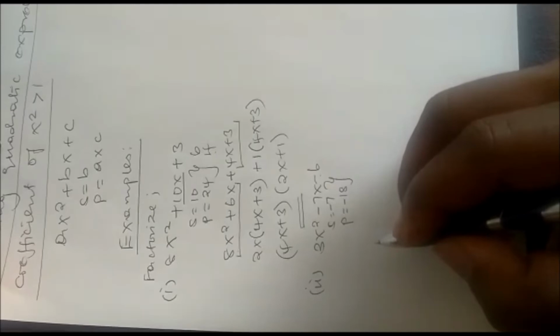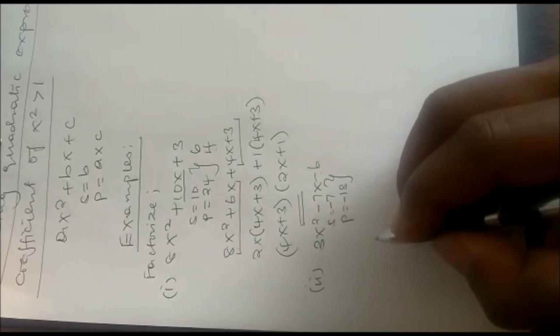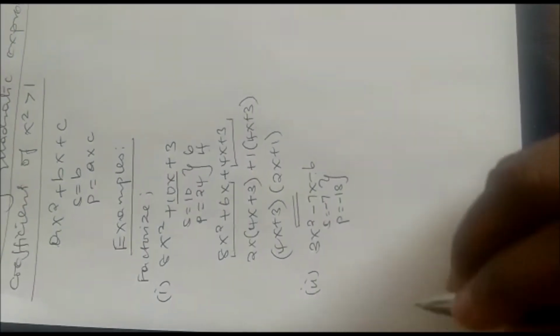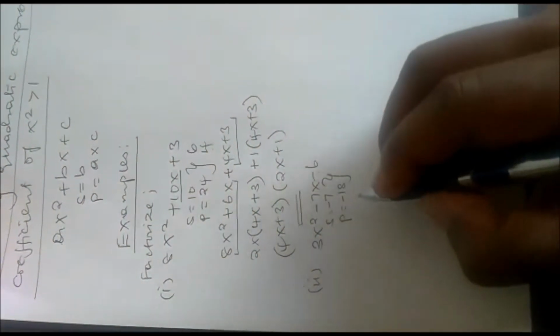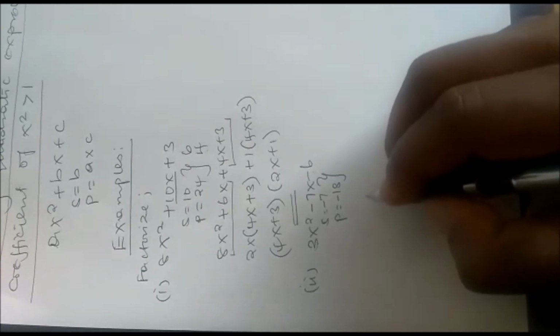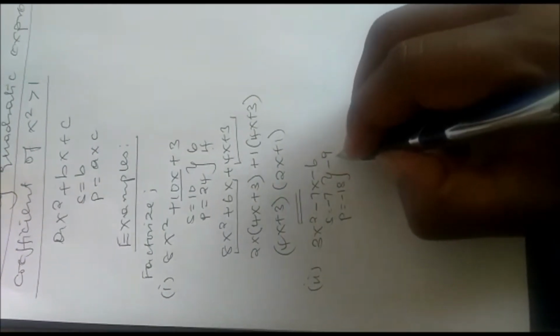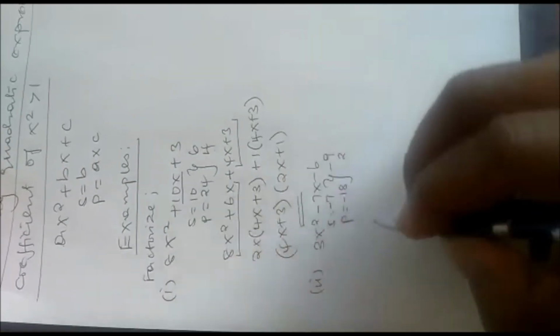So at this point we need to find the factors. We need two numbers which when we add we get negative 7 and when we multiply we get negative 18. These two numbers will be negative 9 and positive 2.